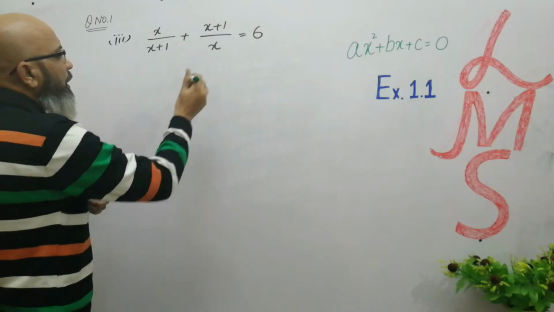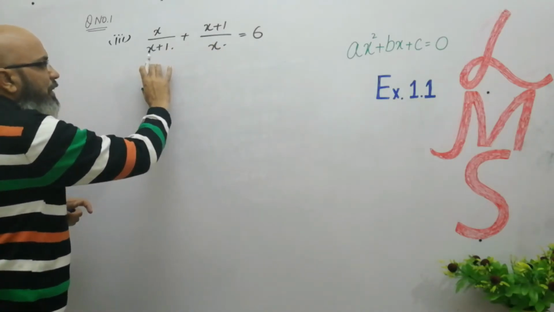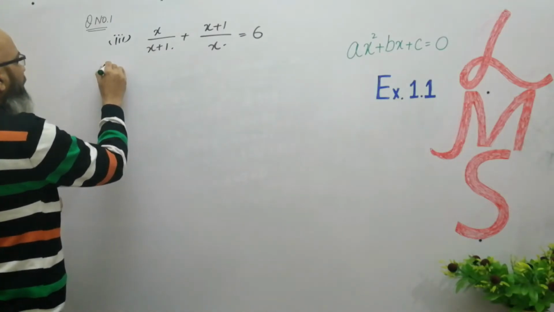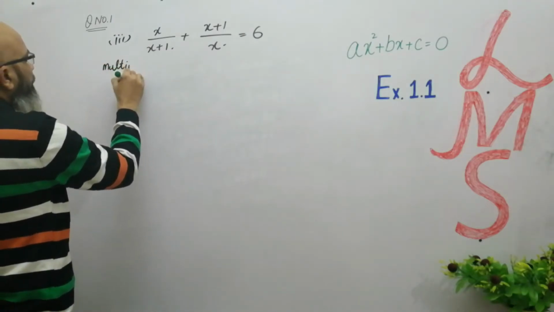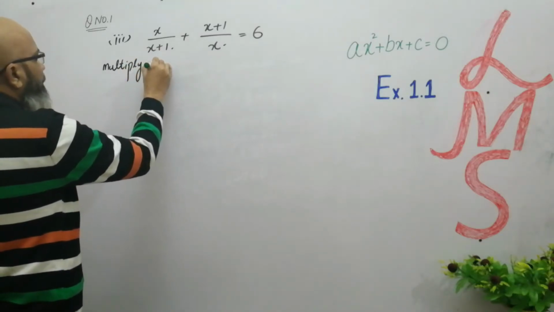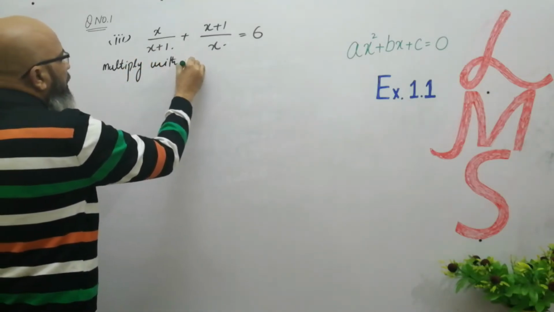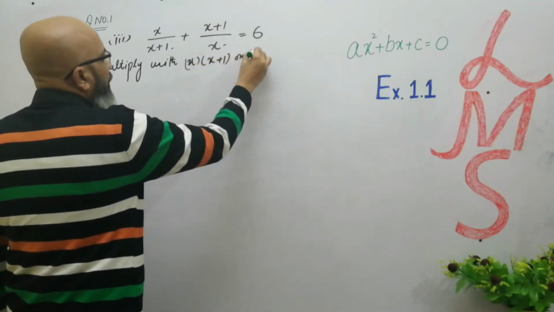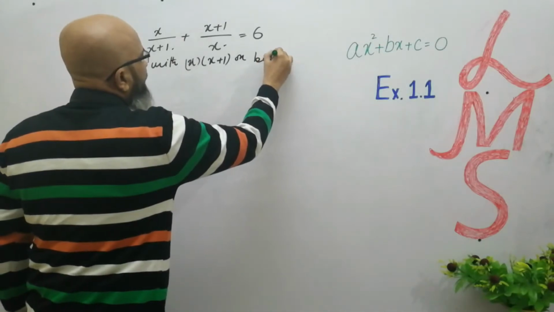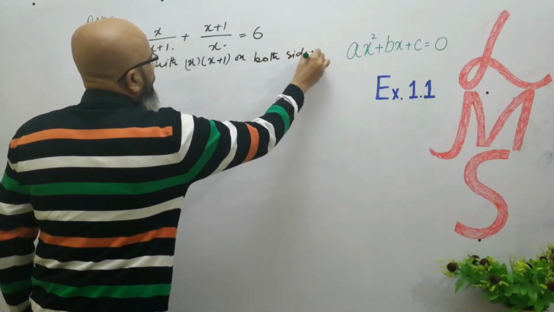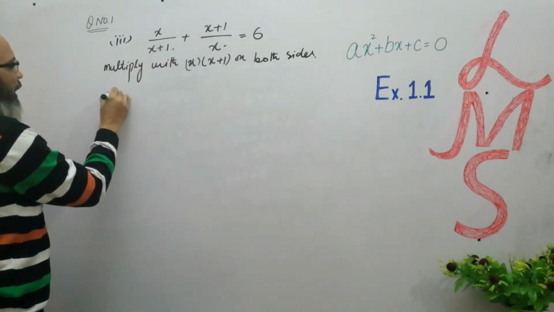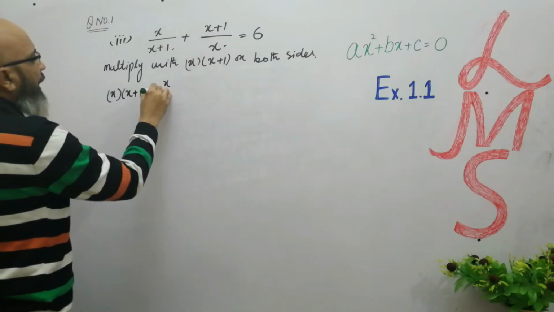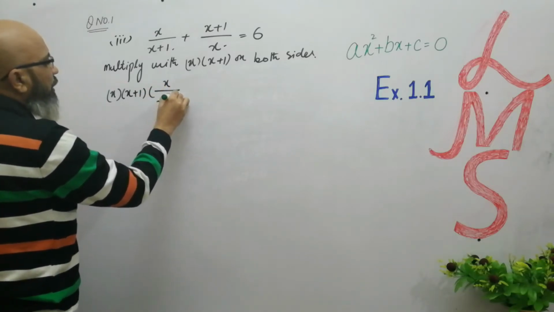जो आपके न्यूमिनेटर्स हैं हम इससे तीनों टर्म्स को जो आप मल्टीप्लाई करेंगे, यहाँ पे हम सिंपली लिखेंगे मल्टीप्लाई with x and x plus 1 on both sides. So multiply x into x plus 1 multiply by x over x plus 1.